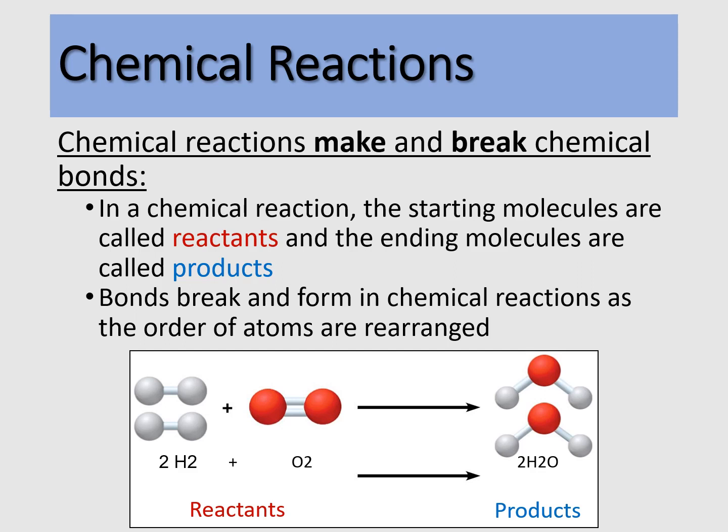Okay, now bonds break and form during chemical reactions, and the atoms get rearranged. So you have the same atoms, the same number, the same type of atoms in the reactants and in the products, but you're just rearranging the order and what they're attached to.